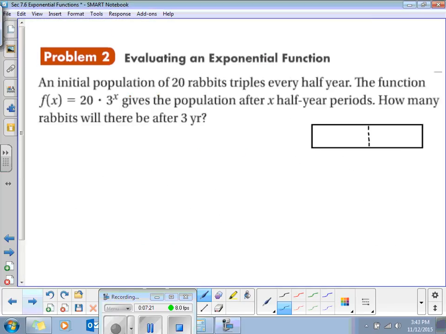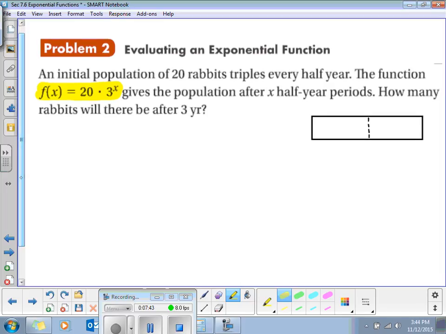Problem 2 is evaluating an exponential function. Write this down, please. An initial population of 20 rabbits triples every half year. The function f of x is equal to 20 times 3 to the x power gives a population after x half-year periods. How many rabbits will there be after 3 years?